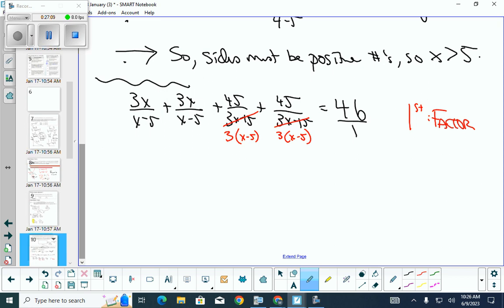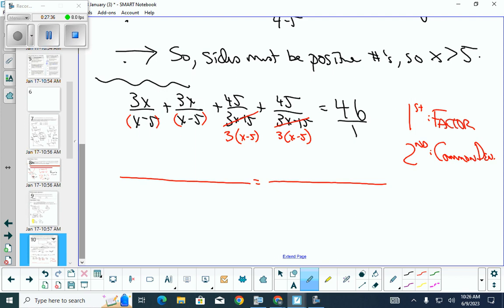Okay. When you are adding or subtracting, what is the second step you do? Common denominator. Now, common denominator of both sides, whole kit and caboodle. So look at your numbers first. What number do you need to have on the bottom?